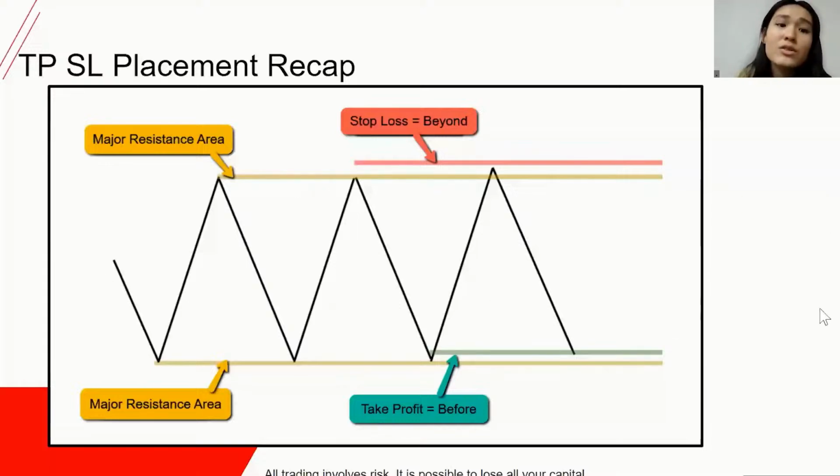So I typically will follow this instead of the usual risk reward ratio. But if you are interested in that, I think we have other webinars about risk reward ratio as well.